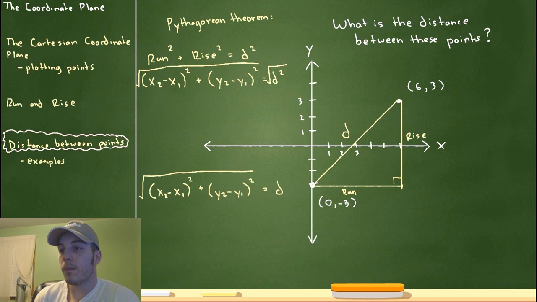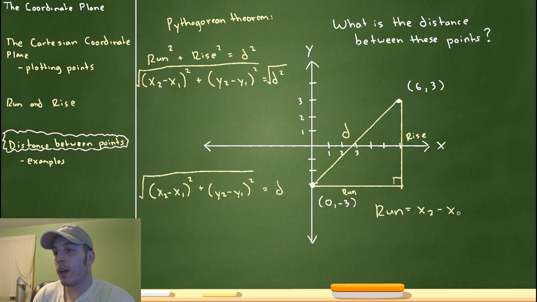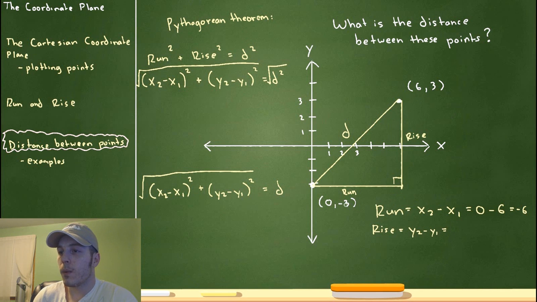Let's do this in pieces. The run is x2 minus x1, which in this case is 0 minus 6, which is negative 6. Let me write it here, negative 6. And the rise is equal to the difference of the y's, y2 minus y1.